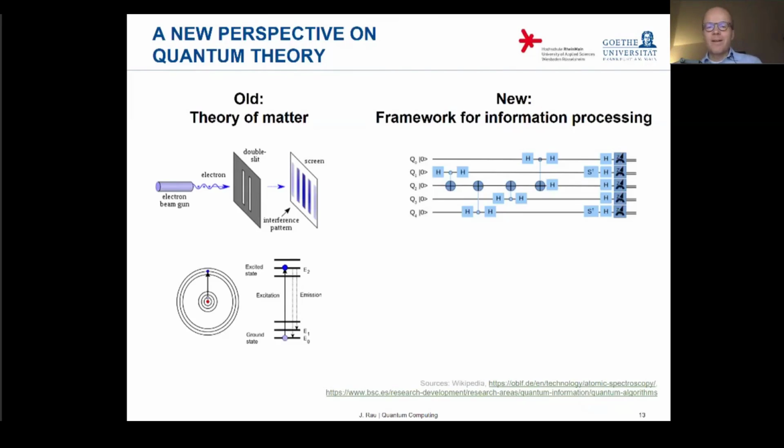You have quantum bits coming in, you have logical gates performing certain operations on these quantum bits, and then you have an output. So you do quantum information processing, and in a way you can actually view quantum theory exclusively as a way of doing information processing.